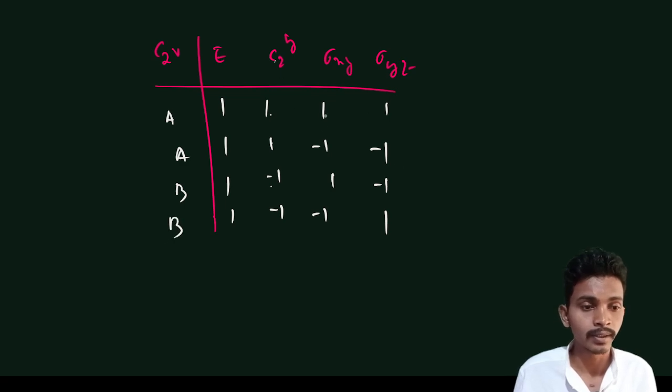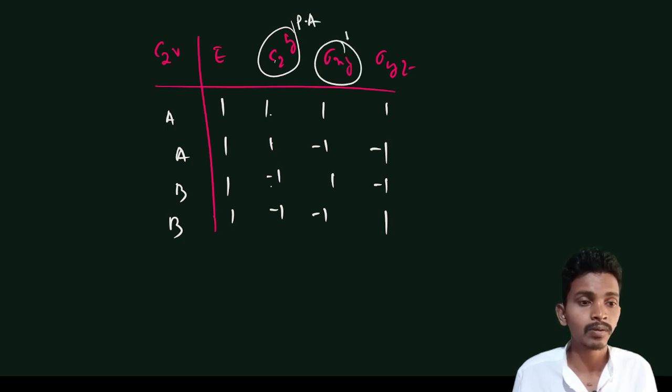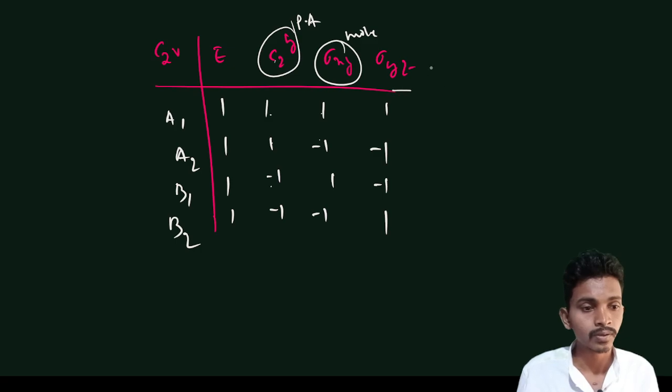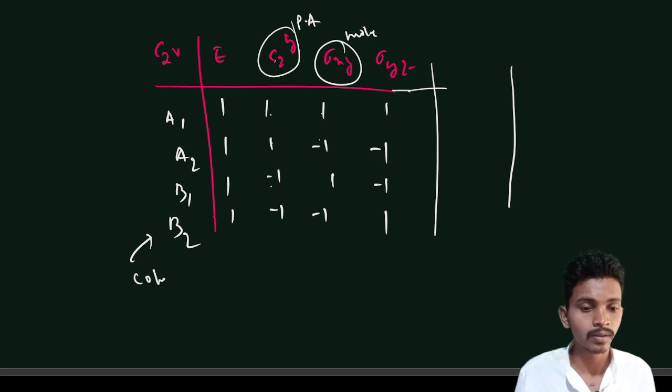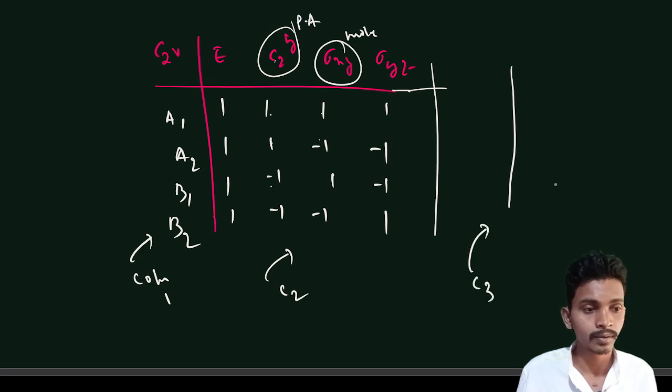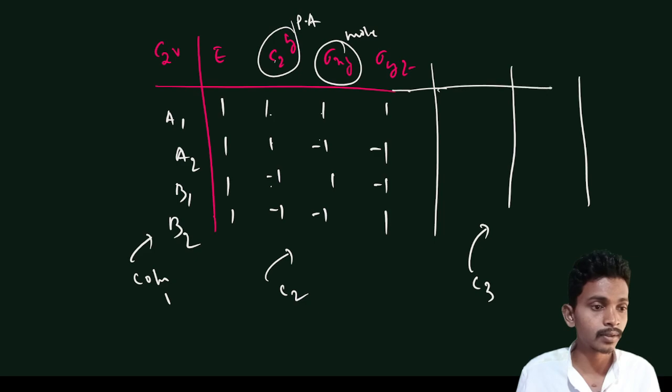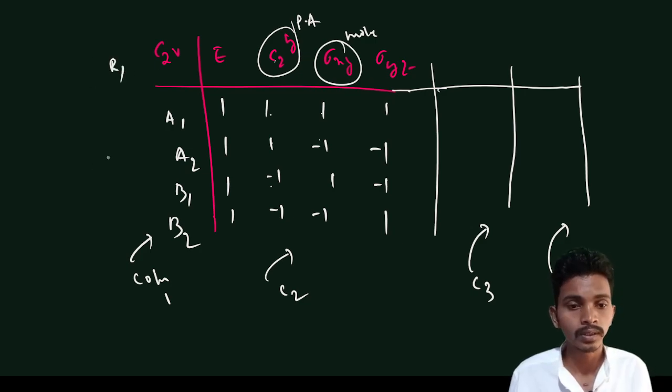Okay, and this is planar, this is the principal axis, this is the molecular plane. So we have four columns: this is column 1, column 2, column 3, and another column I need, column 4, and this is row 1, row 2.